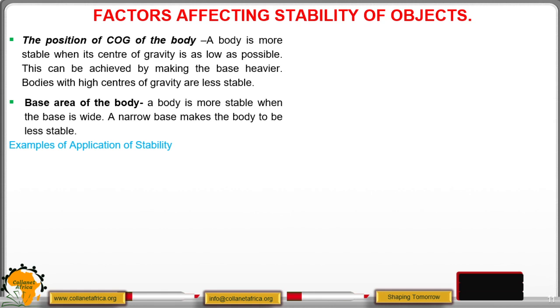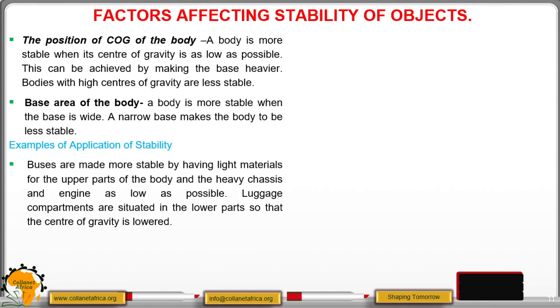Examples of applications of stability. These are some of the applications that use the two ideas, that the factors which affect stability are the position of center of gravity and the base area of the object.